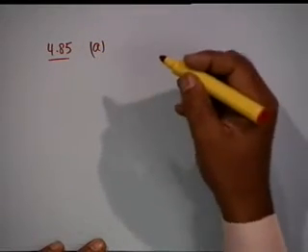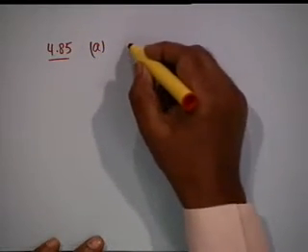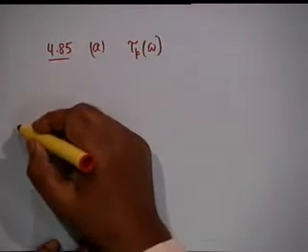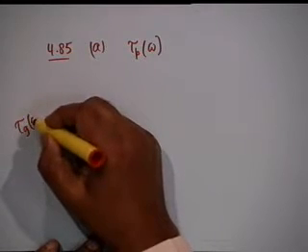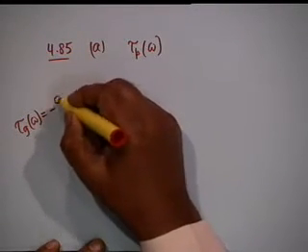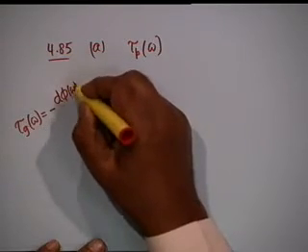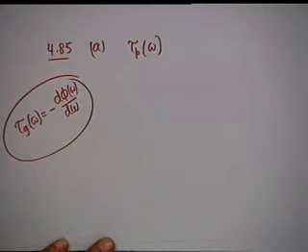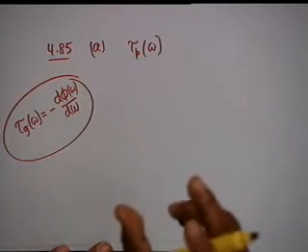485A, show that the phase delay tau p of omega. You remember we had defined group delay tau g of omega as the negative gradient of phase, minus d phi of omega by d omega. This is what is significant for a linear phase and any group of frequencies, transmission of any group of frequencies.